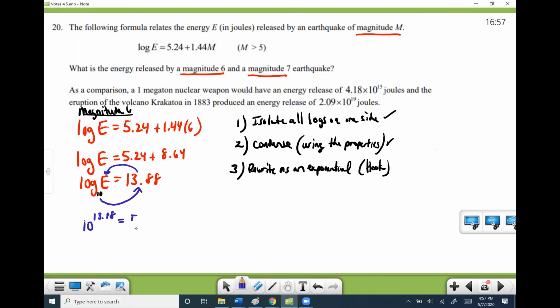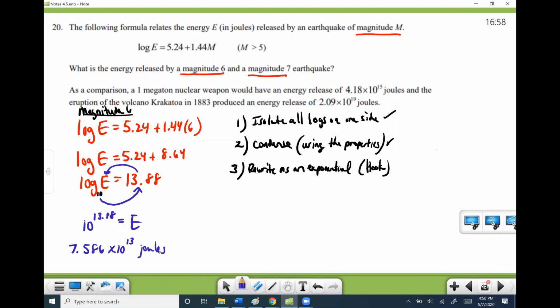Now, I have no idea what this means to have this many joules. You know, like what the heck does that mean? So let me type it into my calculator. This is 7.586 times 10 to the 13th joules. Now they kind of give you a little comparison up here.